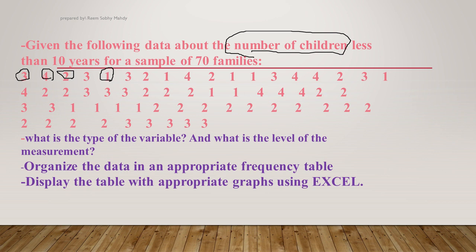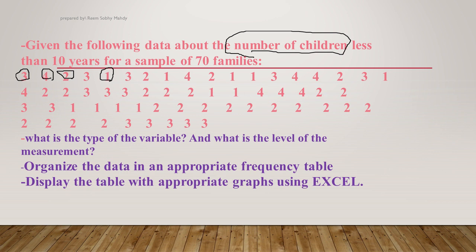They are the only classes of the variable, which are the number of the children in a family. It may be 1 child, 2 children, 3 children, 4 children. There are no classes more than these classes.